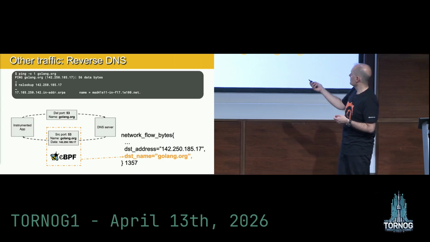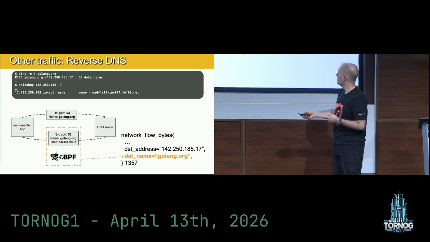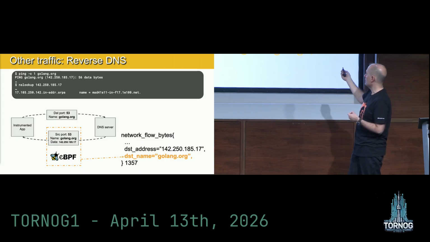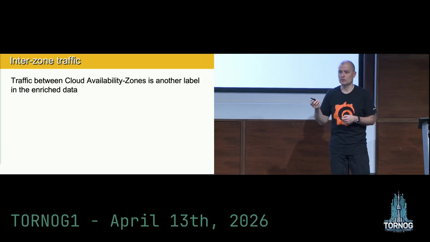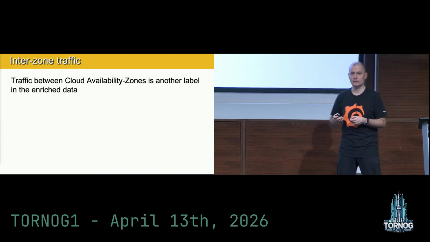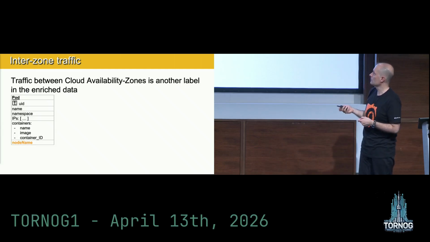So for this particular flow, we'll see that we had the destination IP address, but then we can derive the destination name. So how do we actually go about finding the availability zone and what people talk to eventually? From Kubernetes, there's this pod information, and in this pod information, we have the IP addresses, which is what we use to correlate to a pod.